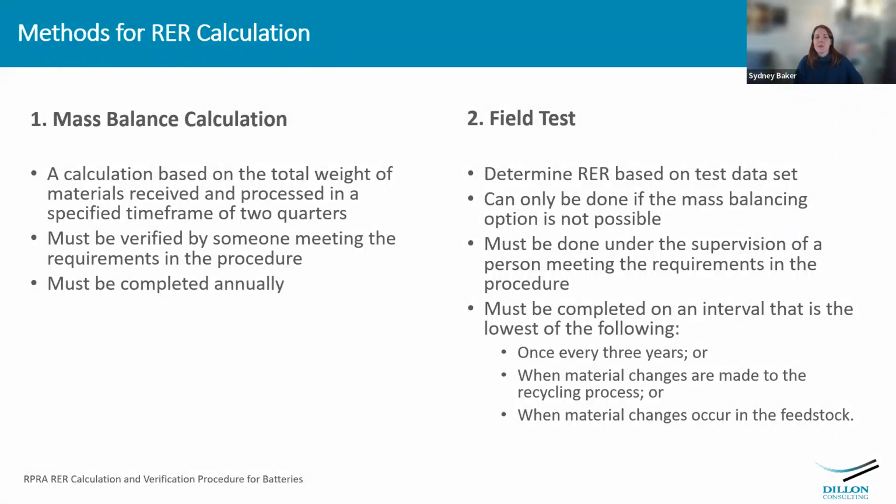The field test would be based on a specific run of the process, and it would be done under the supervision of a person meeting the requirements in the procedure. So unlike the mass balance, which is verified at the end, the field test needs to be done under the supervision of someone with the capacity to verify that it's being set up in a way that's going to yield an accurate RER. And it would be completed at the interval that's the lowest of once every 3 years, or when there's a material change to the process or feedstock.